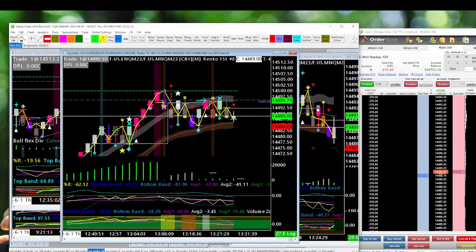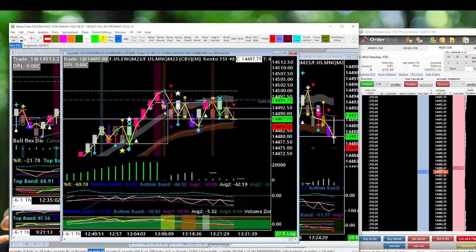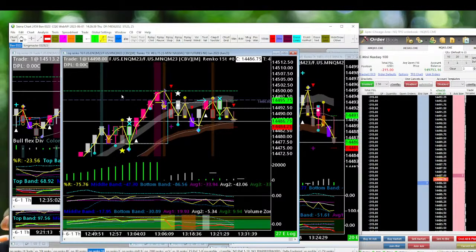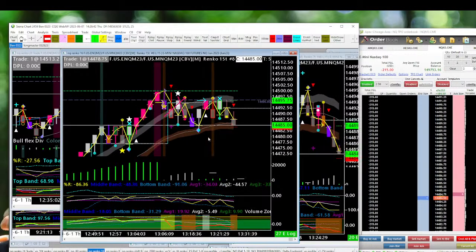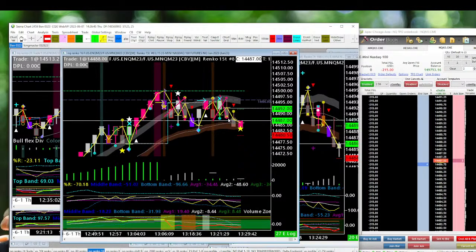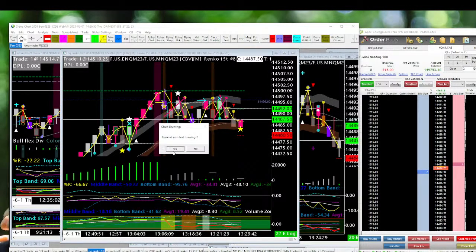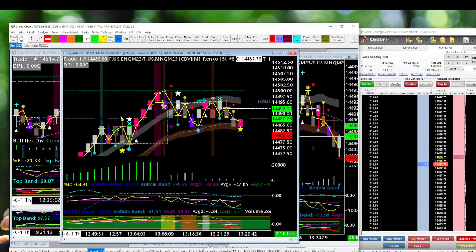Wow, 2 boxes in a row. So the boxes are basically saying that the area is heavily contested, and it's a sign of a little mini reversal on a smaller time frame that occurred at a spot where there was a lot of interest.